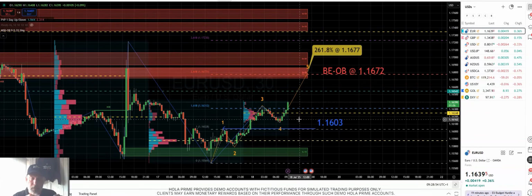Using the correlation from DXY, the dollar index, expecting the dollar to move lower, we expect to see at least a counter trend trade to the upside in the euro against the US dollar. When I clicked on this morning and used the fib extension tools, I could clearly see that we'd stalled around the 161.8% extension, which is at 116.31.